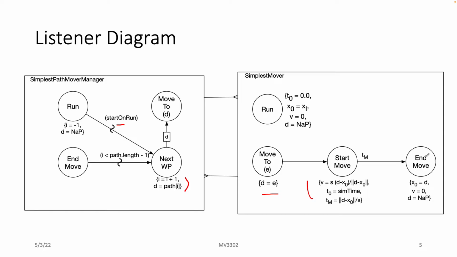When the end move event occurs, the end move event will get heard by the simplest path mover manager because it has one. And now it says if I have another element on my path, I'll schedule the next waypoint. And if I don't, then this next waypoint event will not get scheduled, which means that the move to event won't happen, and the mover will just sit where it is.